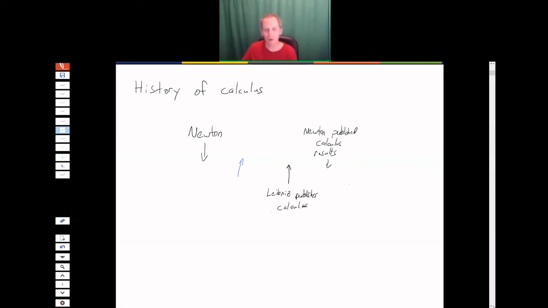Now, in both of their approaches to calculus, they did something that logically doesn't hold up really well. We've had to clean things up logically. Newton invented something called an infinitesimal, a number so small that no matter what you multiply it by, it's still a really tiny number.